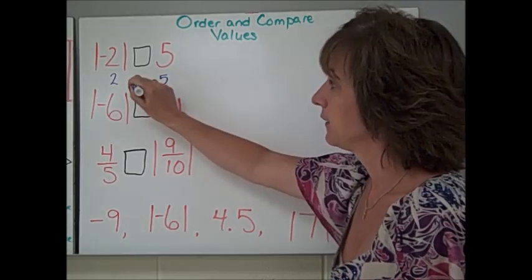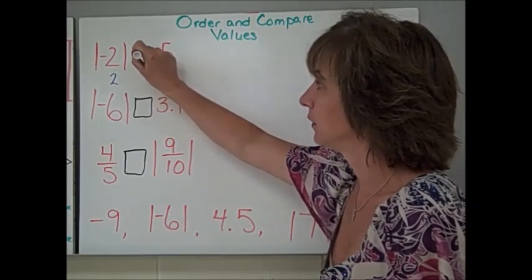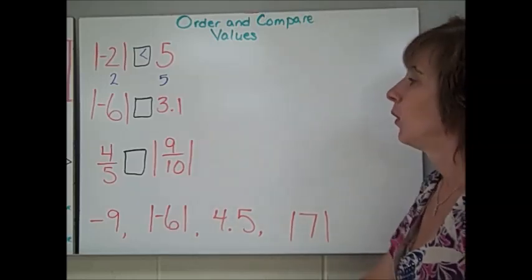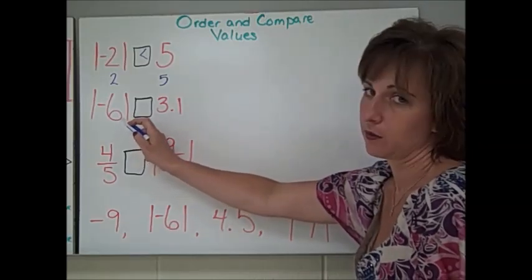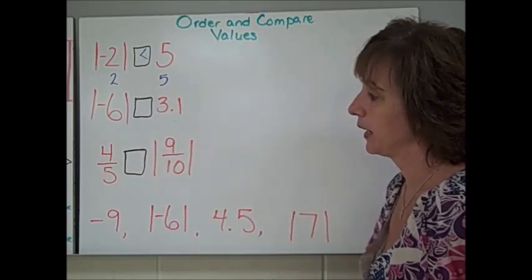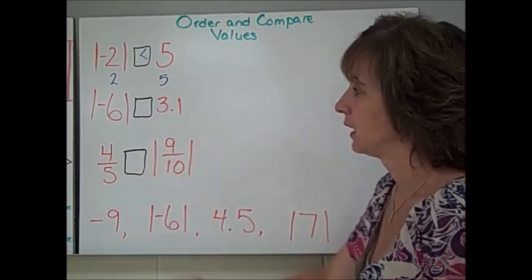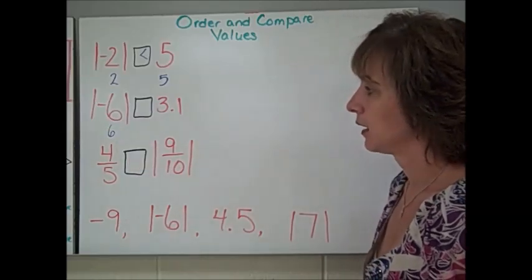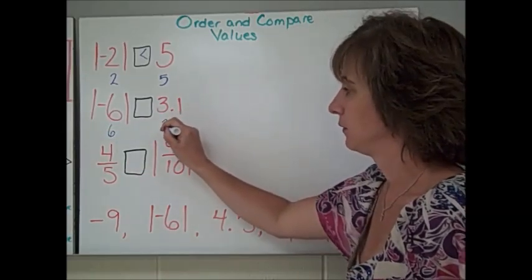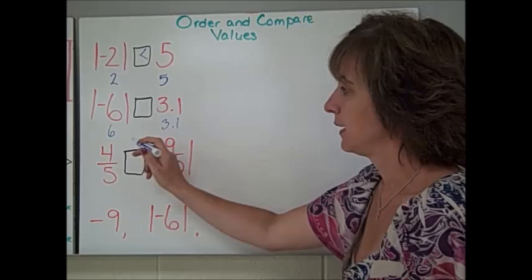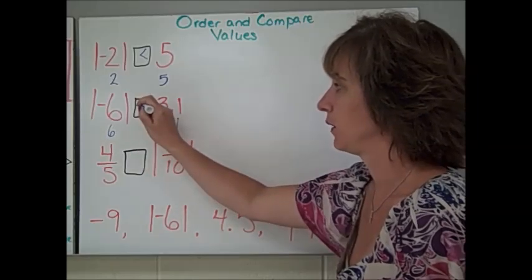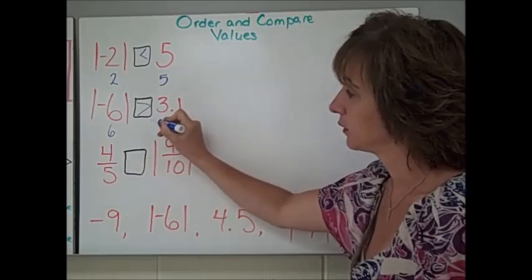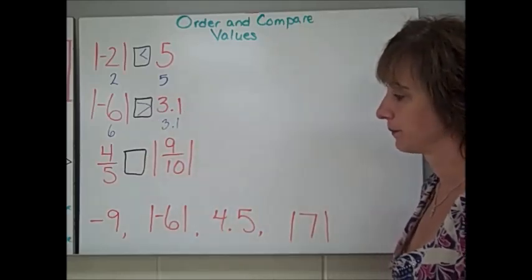So we would say that the absolute value of -2 is less than 5. Well, what about the absolute value of -6 compared to 3.1? The absolute value of -6 is 6. 3.1 is 3.1. And 6 is greater than 3.1, so the absolute value of -6 is greater than 3.1.